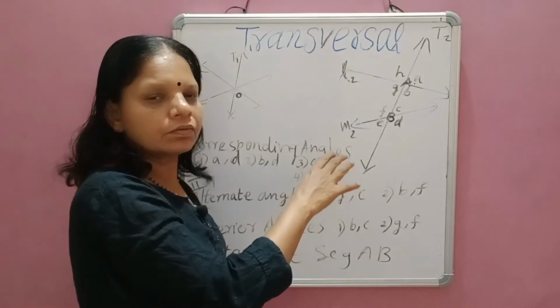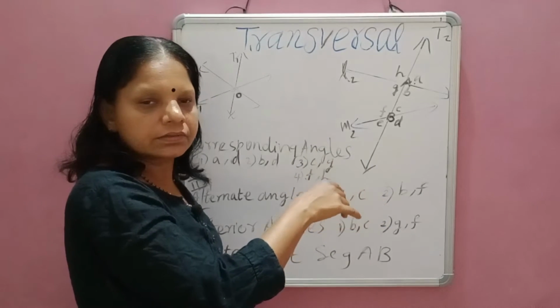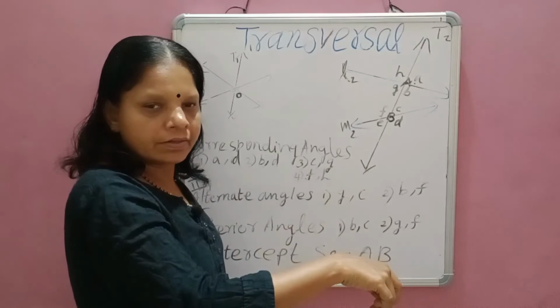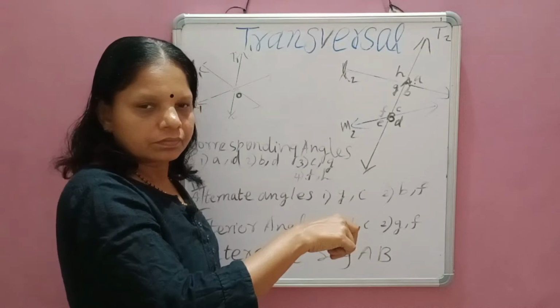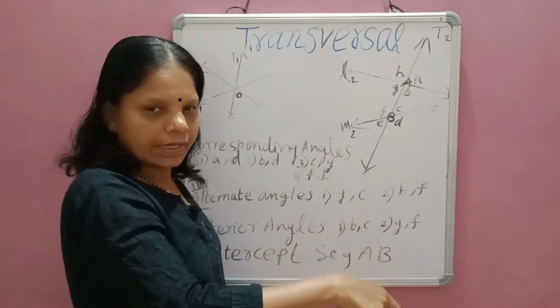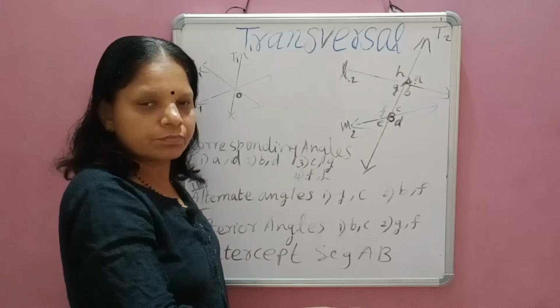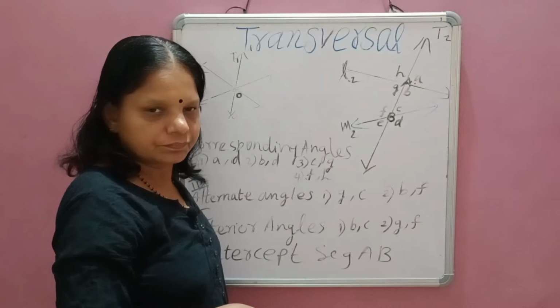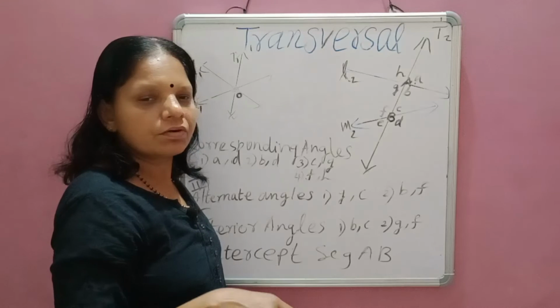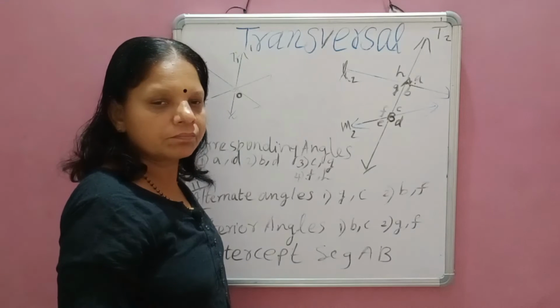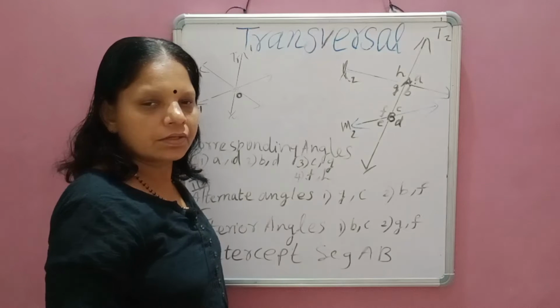These 8 angles are made into pairs according to their characteristics. So what are the pairs? Pairs means two together. So different pairs of angles are formed by a transversal.